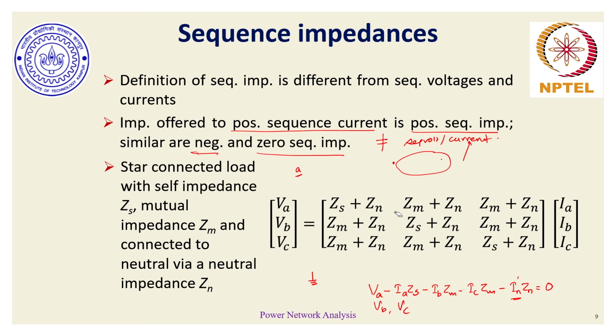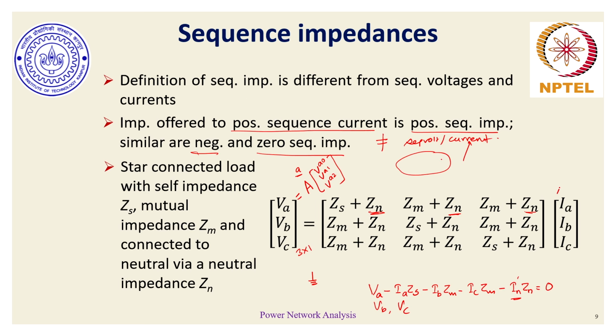Since neutral current IN is IA plus IB plus IC, every 3 cross 3 matrix of the Z matrix consists of the Zn component. And I know for sure that this 3 cross 1 matrix, VABC, is nothing but the capital A matrix, assuming phase A as reference for sequence components, times VA0, VA1, VA2.